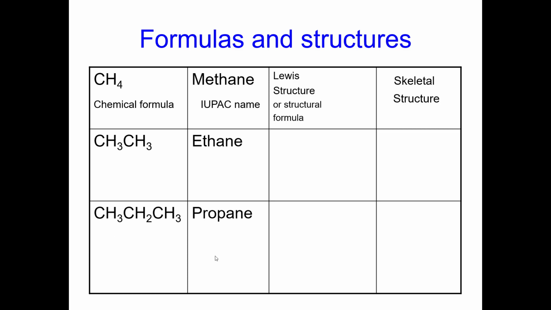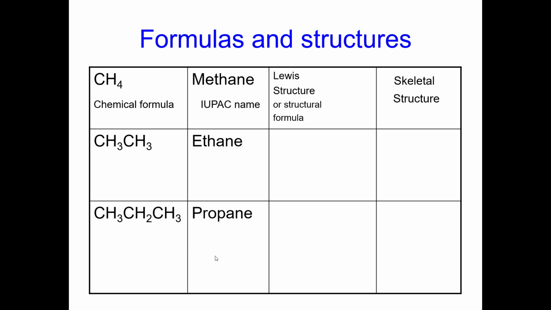So again, for ethane, if I asked you to write that out in the lab, or maybe label a bit of glassware, you'd probably write it as C2H6 instead. That's our abbreviated formula. Our IUPAC name, so we're going to talk about our nomenclature by our IUPAC system in a moment. For methane, it's methane, we have ethane and propane.